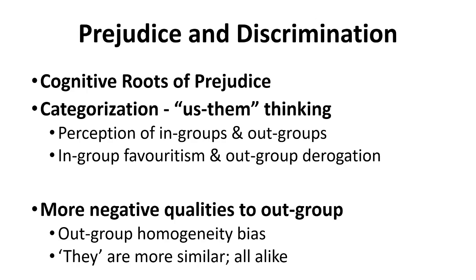And so you start having this bias, this perception of we're better, this group is better, and other groups are not as good. So you can have favoritism towards a group that you're part of, and it slowly evolves towards derogation or putting down of groups that are not your group.